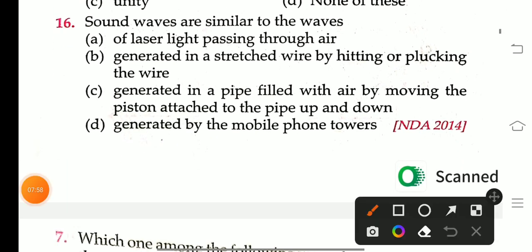Next, sound waves are similar to the waves. Right answer will be option C. Generated in a pipe filled with air by moving the piston attached to the pipe up and down.